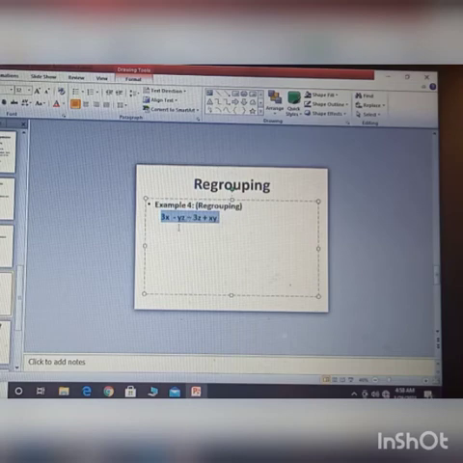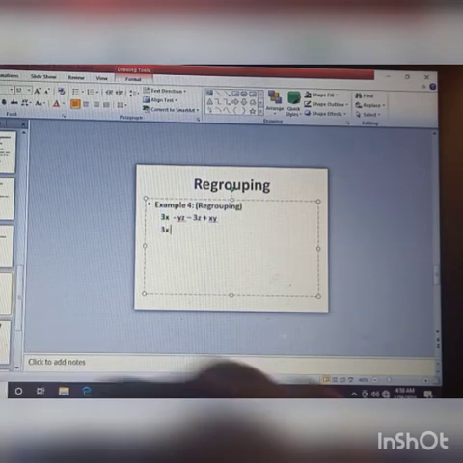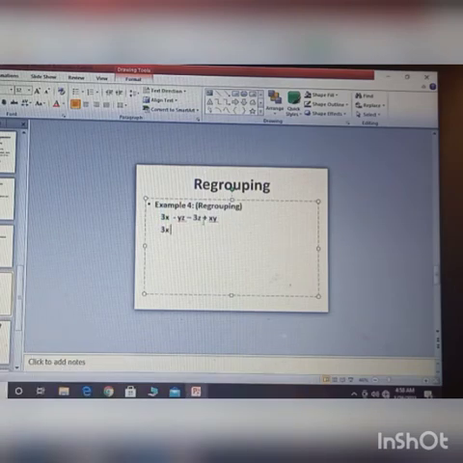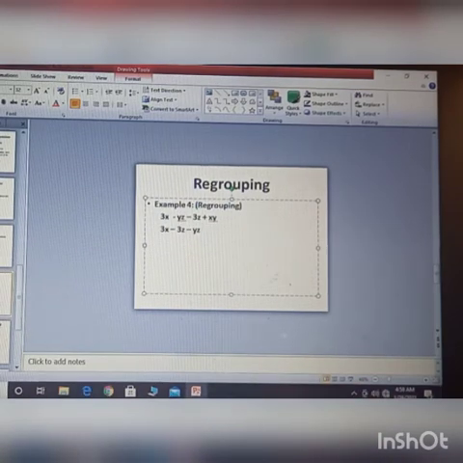If it is not happening, still nothing is common, then you can group 3x with 3z, or you can group 3x with xy. Here 3x will be grouped with minus 3z. I am grouping the first one with the third term, and then minus yz with the last term.